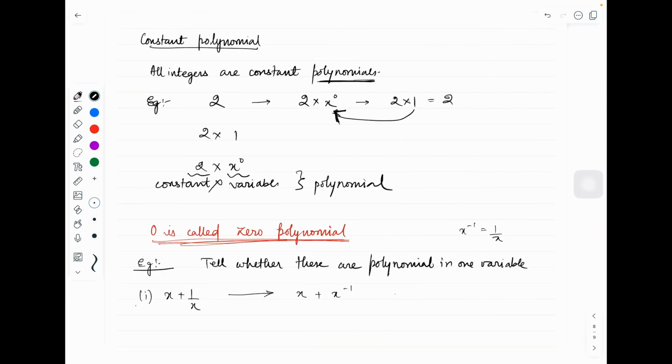Here what are the exponents? One is 1, and one is minus 1. Minus 1 is not a whole number.